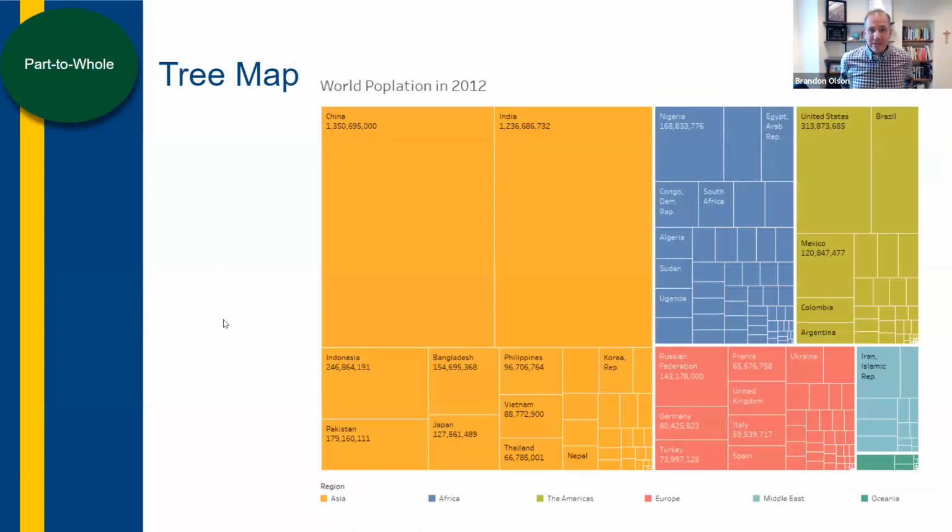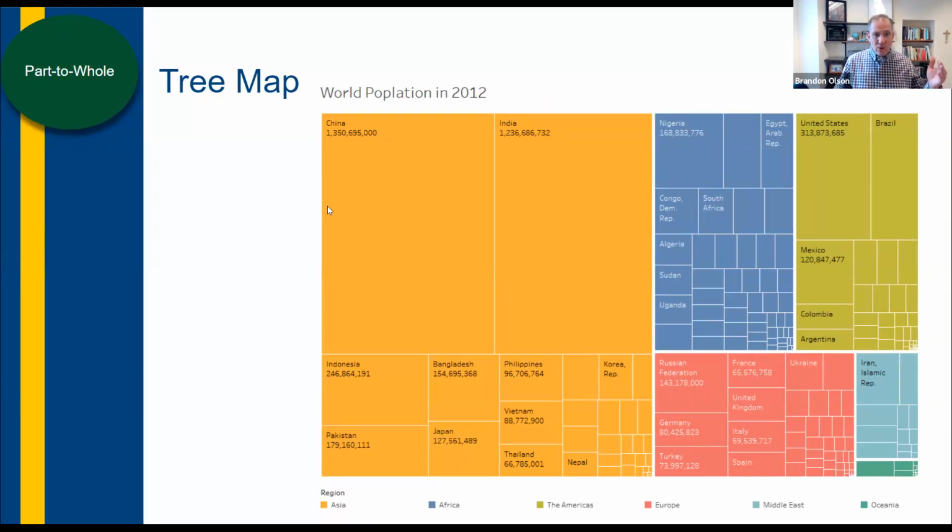Now, another way to do a pie chart is a tree map. This allows us to have subcategories. Rather than a circle, we're representing this in either a square or a rectangle. In this case, it's a rectangle. So we can show not only the regions of the world but also the different countries, and the size of each box represents the relative size of the countries.